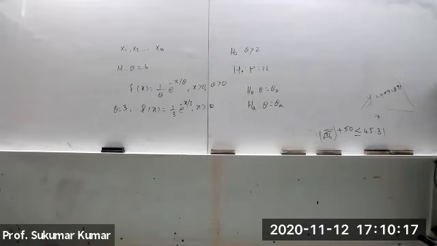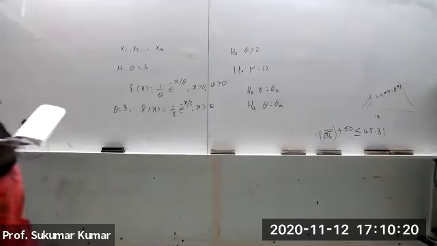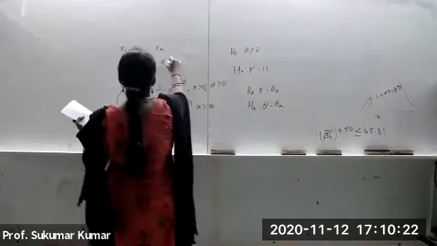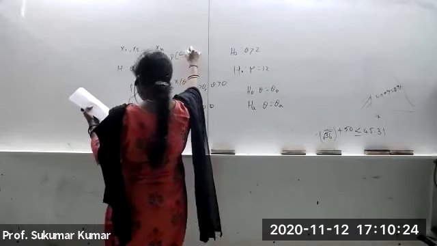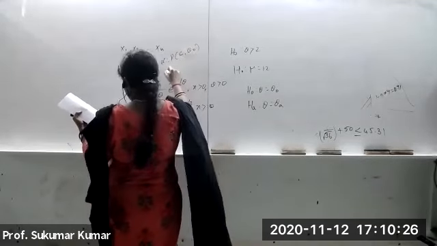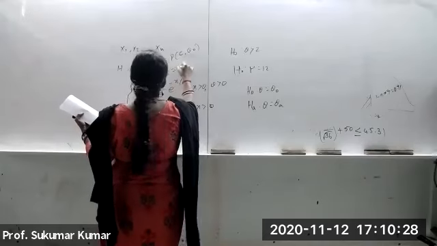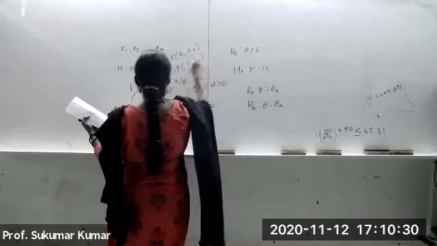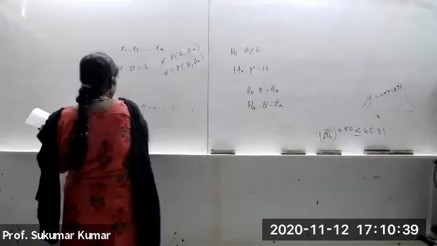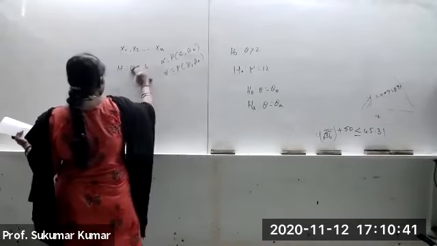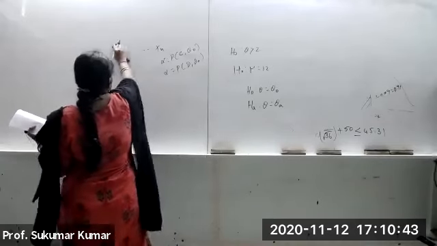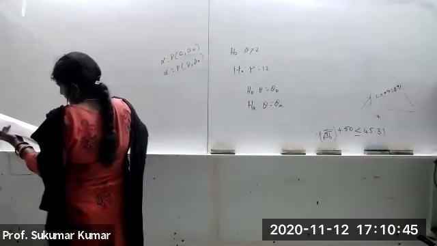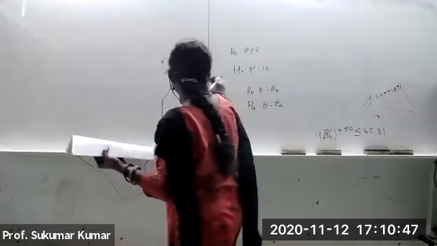Let alpha equal to P of C comma theta naught and alpha equal to P of D comma theta naught. Then C is the best critical region of size alpha.